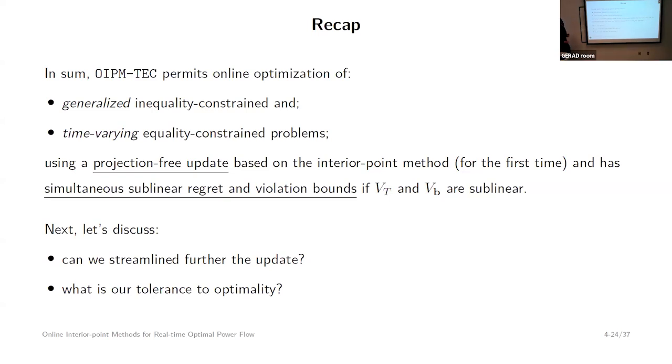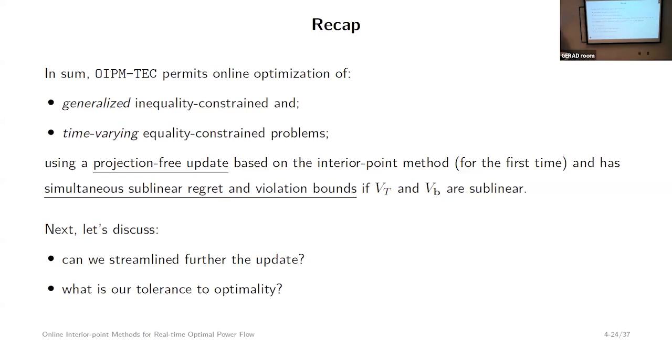It also enjoys simultaneous sublinear regret and violation bounds, given that VT and VB are sublinear, which are standard assumptions in the literature. But now let's discuss some more. Can we streamline our approach? That is, can we squeeze a bit more?